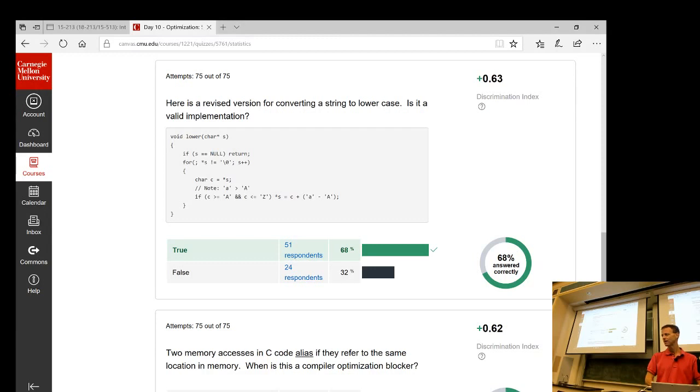Yeah, so how is it a valid implementation? Well, it's true of any of the string operations. C does not protect you against passing in invalid arguments. So it's no different from strlen. But don't we have a safer version of strlen?